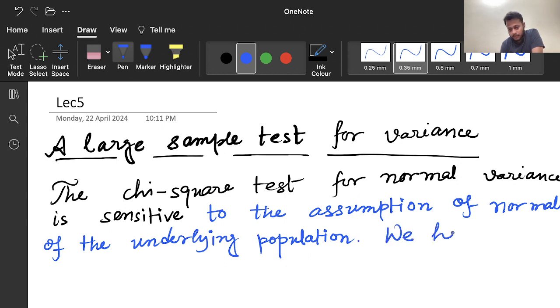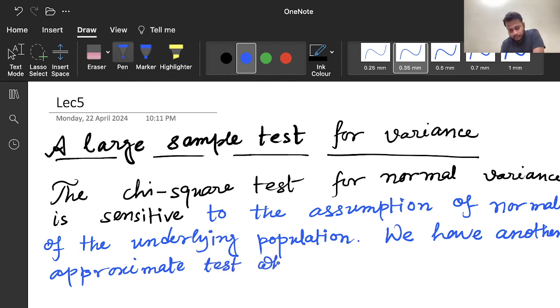We have another approximate test where the number of samples n is large.